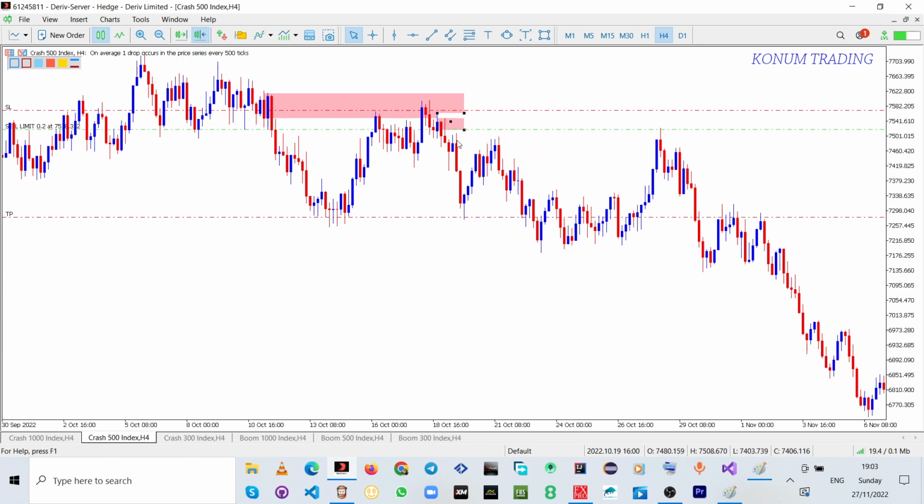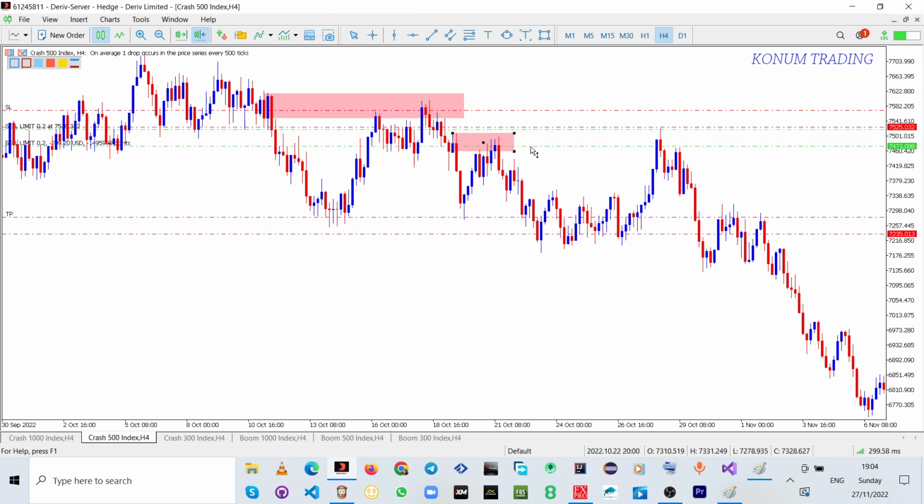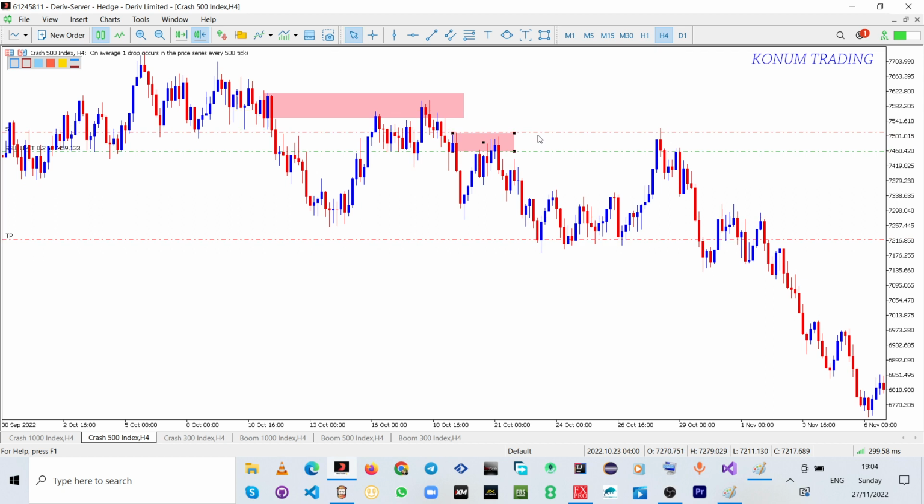It's just as simple as that guys. It is as simple as it comes. And the next zone will be right here. This pair is full of zones. There's a risk of $10 and a reward of $47.